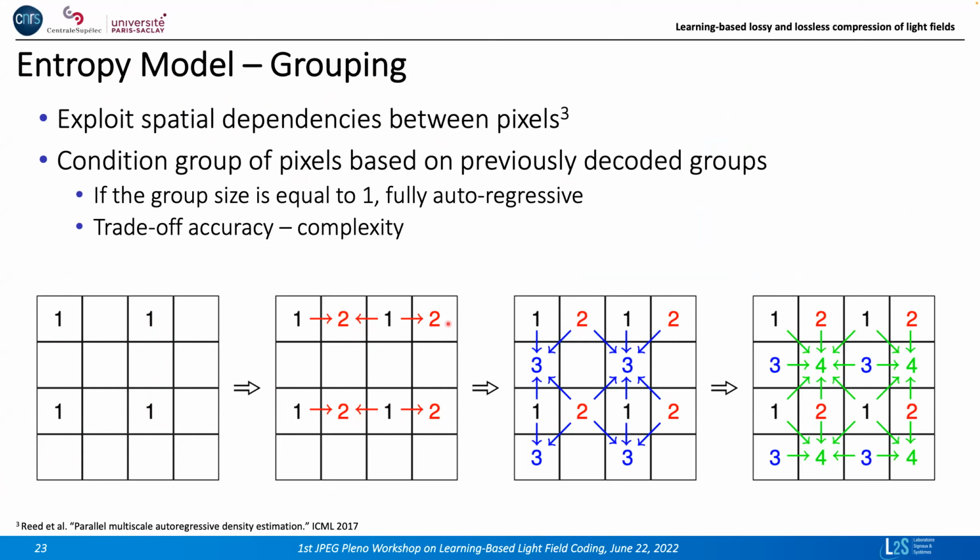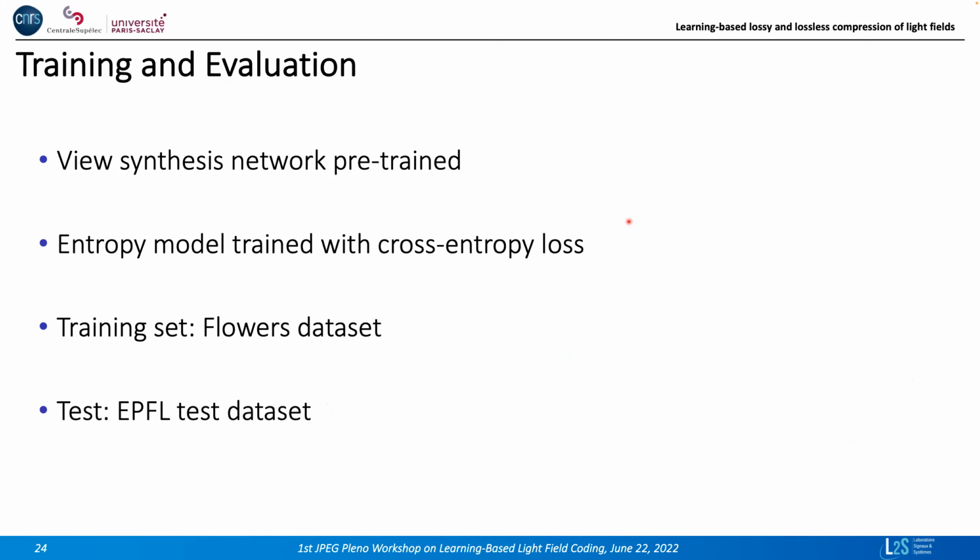The pixels in group 2 are decoded using also the knowledge of the pixels from group 1, which is already decoded. You can find the third group here that is decoded based on groups 1 and 2, and so on. So this is, again, an autoregressive model on top of the baseline entropy model.